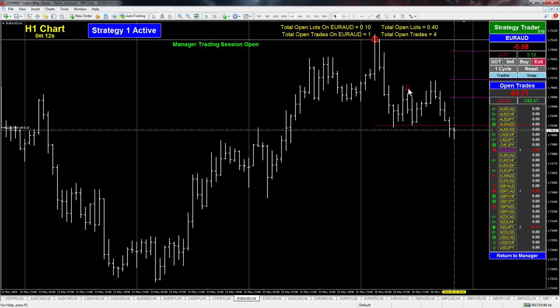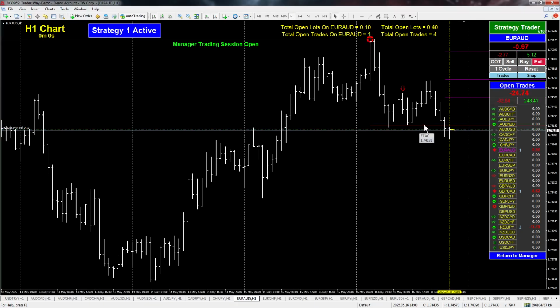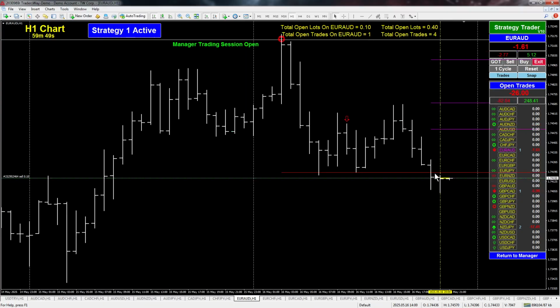Then this one will appear, and then we got another one down here. When it is met, it puts the breakout line, what I call the breakout line, on the chart. And once it closes below that breakout line, on the next candle, it takes the trade. And here you can see that it did that. It closed below the breakout line, and on the next candle open, entered a trade.